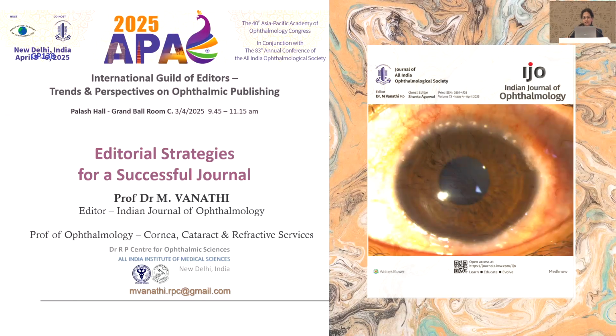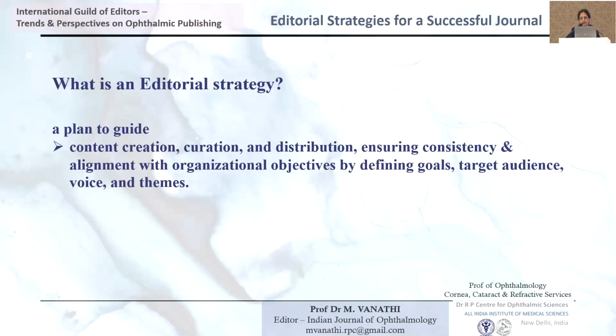So I'll just quickly talk to you on editorial strategies for a successful journal. I think these strategies keep evolving with time, with the kind of manuscripts we are seeing, and with the quality and the standard of research writing sitting on the desk of every editor or the editorial board here.